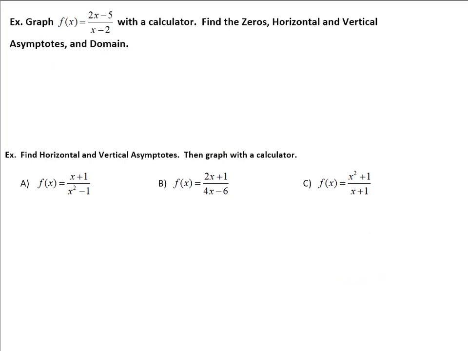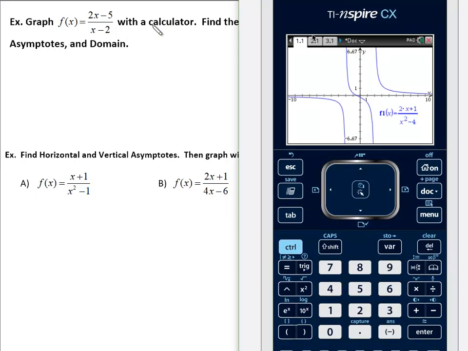All right, well, let's put some of this into practice. It wants me to graph this with a calculator. I've already typed this in, and I'll give you a tip when you go to type these in your calculator. You can see it's auto-formatted pretty nicely there, but the easiest way to type these in, and I'll redo this one, is to put everything in the top in parentheses, 2x minus 5, and then divided by everything in the bottom in parentheses.